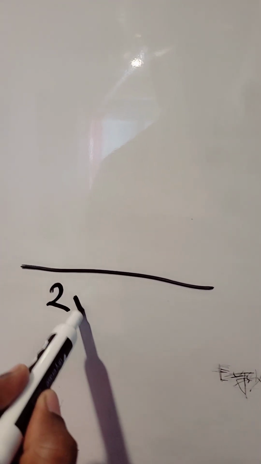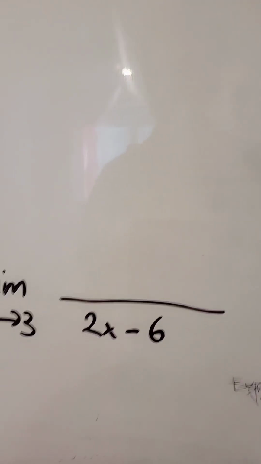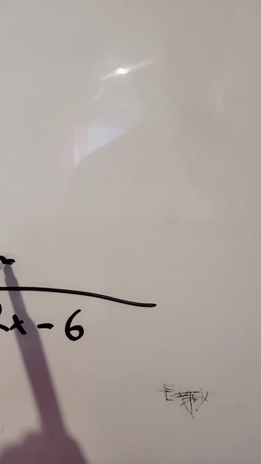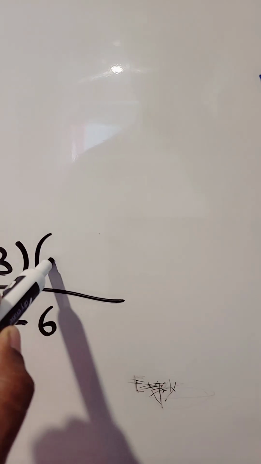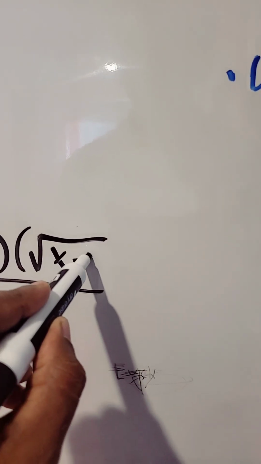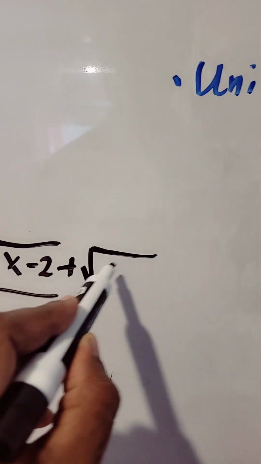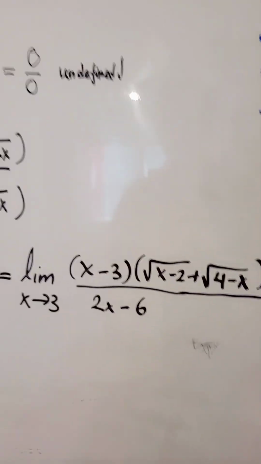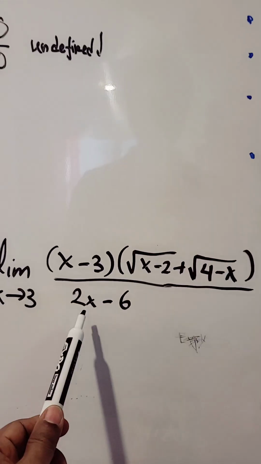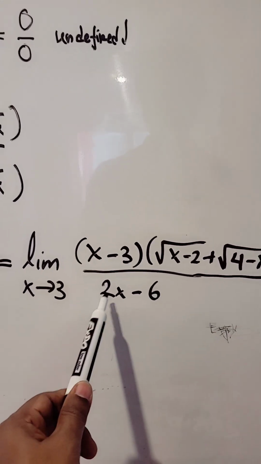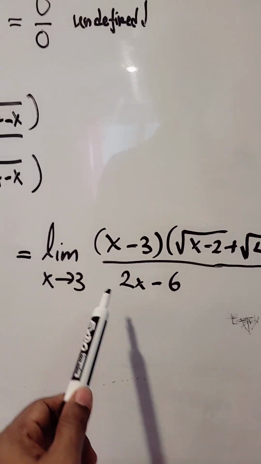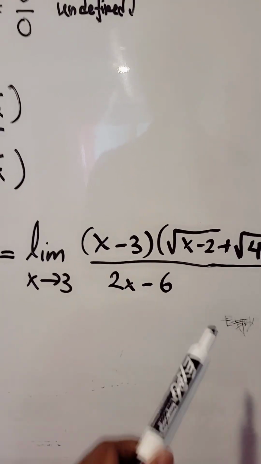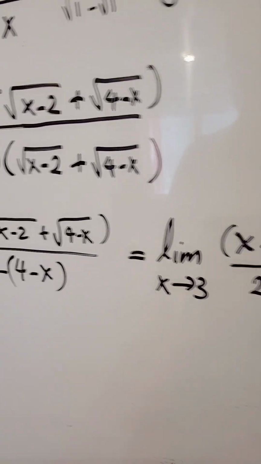The numerator is the same thing: x minus 3 times the square root of x minus 2 plus the square root of 4 minus x. Now look what happens. In 2x minus 6, you can factor out a 2, and then you can write this denominator as 2 times x minus 3.